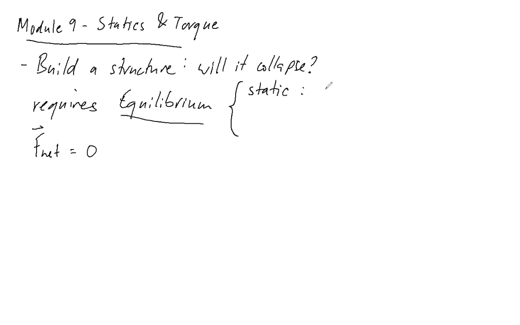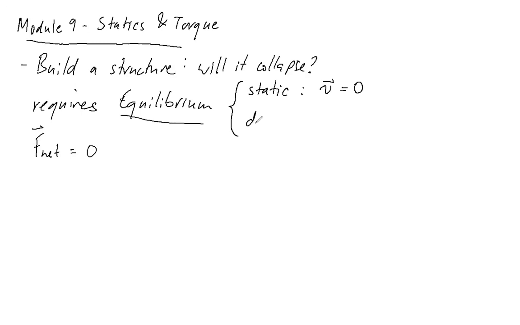This means that the net force is zero and the velocity is zero. So this is literally something like a human pyramid that is set up standing on the ground, and it is not moving with respect to the ground, and there's no net force. So it is not moving and it is not accelerating.